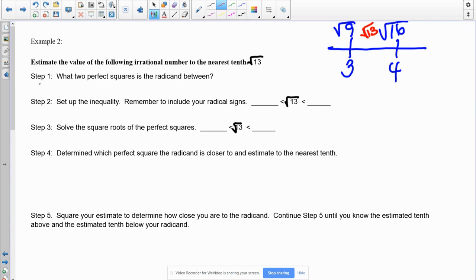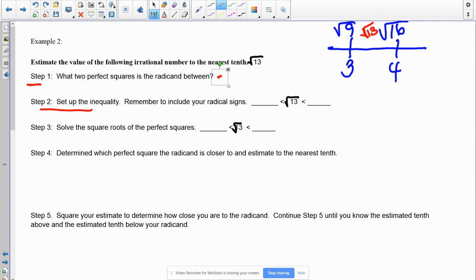So we'll do step number 1 here. What two perfect squares is the radicand between, which would be 3 and 4, or the square root of 9 and 16. So they want us to set up an inequality here.